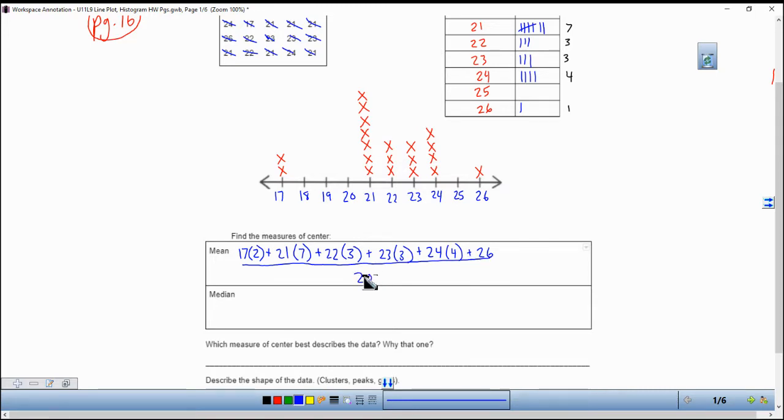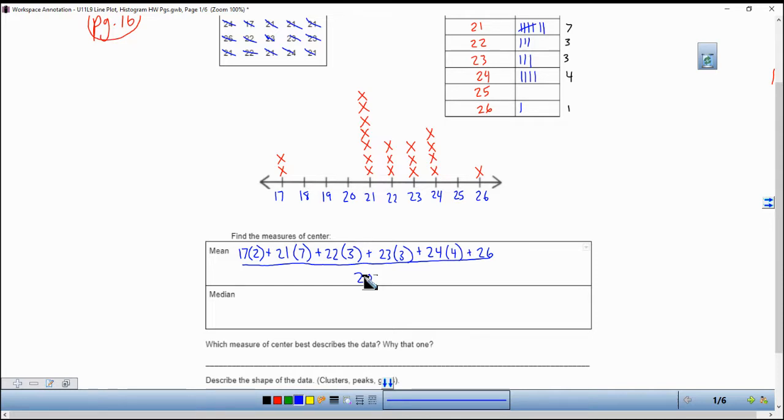I'm just going to get a calculator real quick. Let's add these up and see how many total push-ups this class did in period 2 when they were given their 1 minute of push-up time. 21 times 7 plus 22 times 3 plus 23 times 3 plus 24 times 4 plus 26.